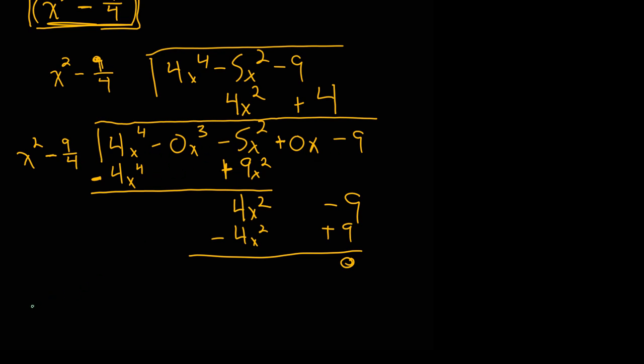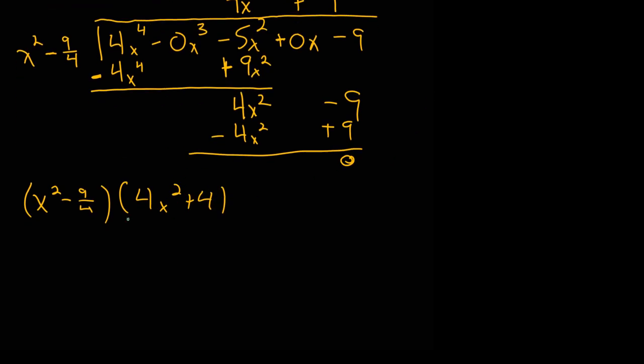And that gives me this: my entire problem, the original polynomial, could be written like this. 4x squared plus 4. Well, remember, we can always pull out the a sub n, and this has the a sub n term in it. So 4 times x squared plus 1 times x squared minus 9/4.